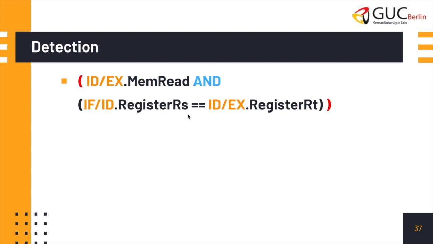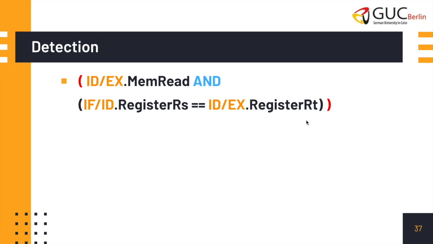and if/id.registerRs is equal to id/ex.registerRt. So now we are checking id/ex is the pipeline register containing the data of the load instruction, while if/id pipeline register is the pipeline register containing the data of the add instruction. So I'm making sure that the rs operand of the add instruction is equal to the destination of the load instruction.